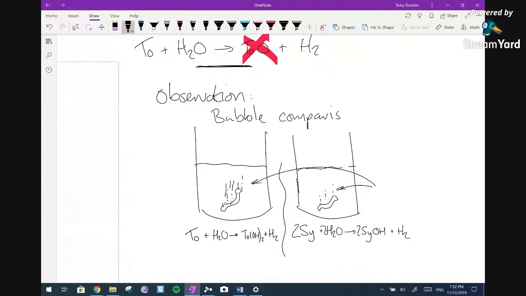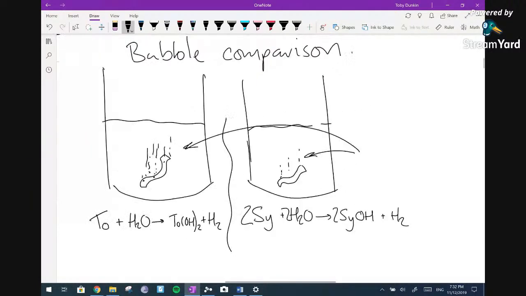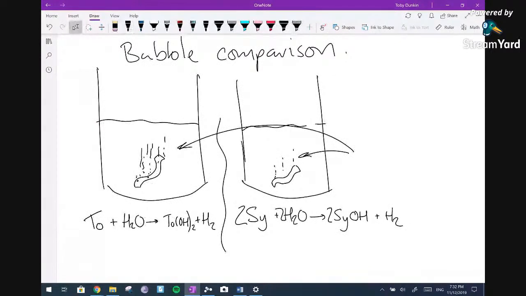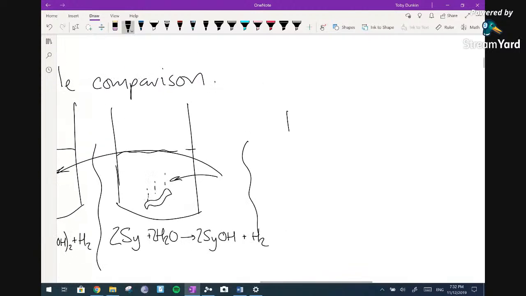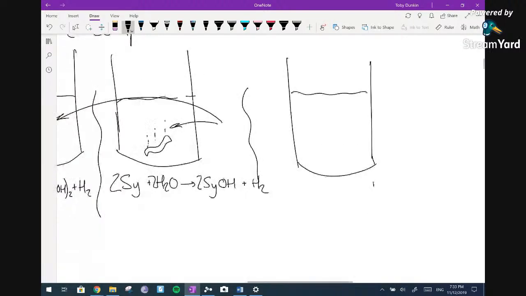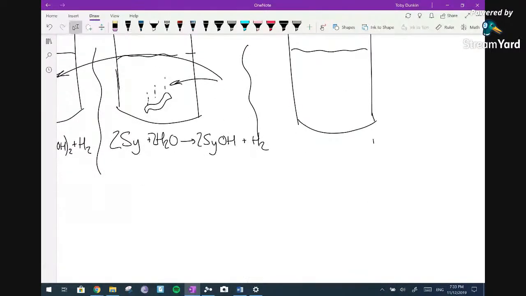Now this is still not ideal. The reason being is if we drop a third metal into water, let's do tifonium.